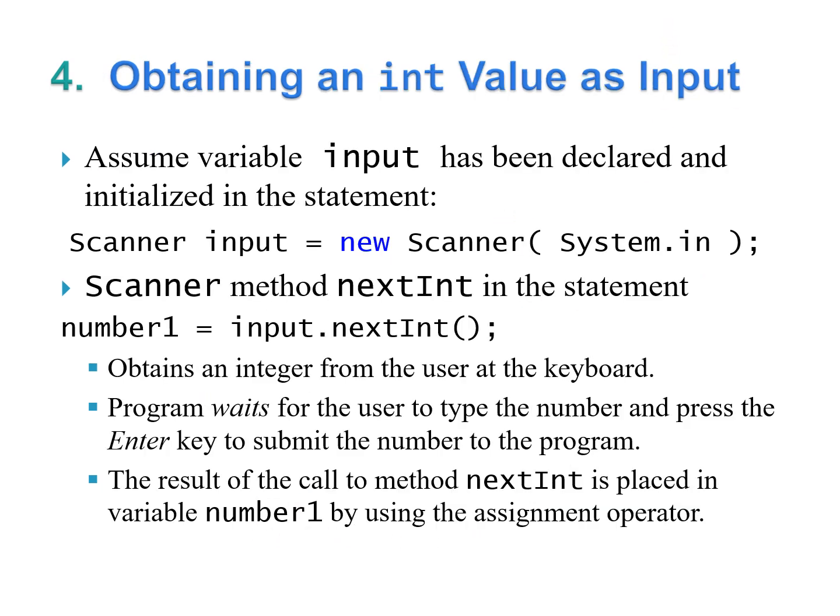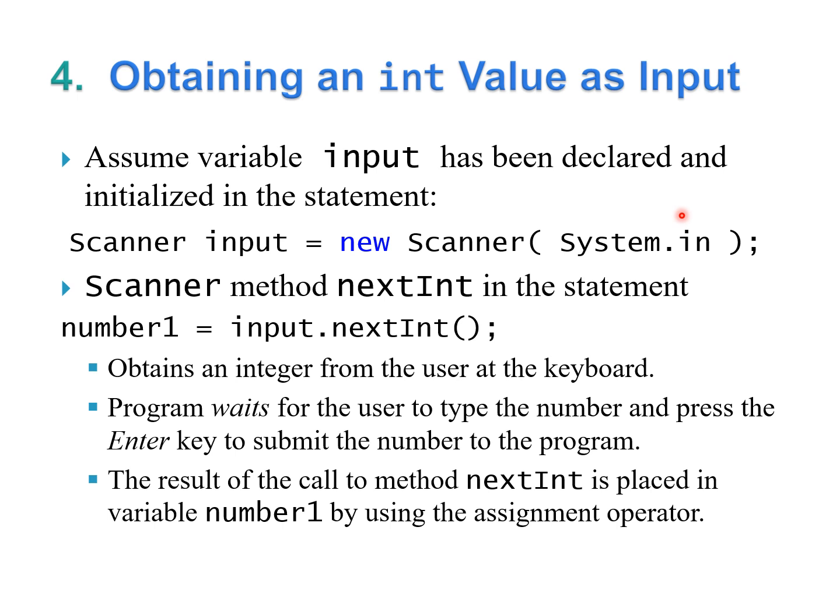Now I'm going to explain the line of code that actually obtains an int value as input from the user. Assume that a variable input has been declared and initialized to a Scanner object associated with the standard input object, as in this statement.